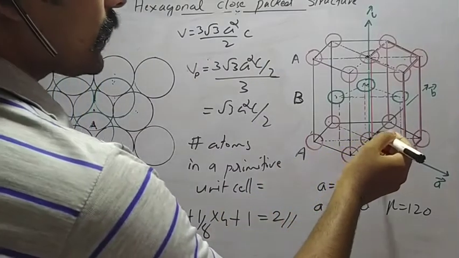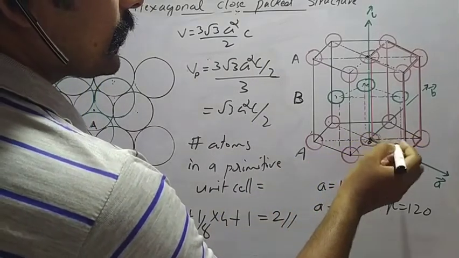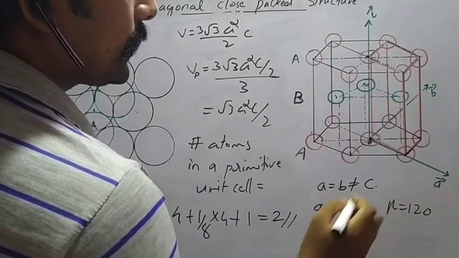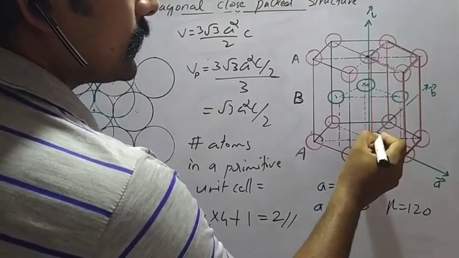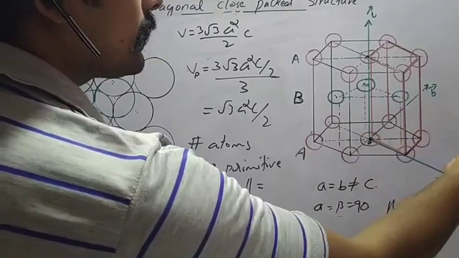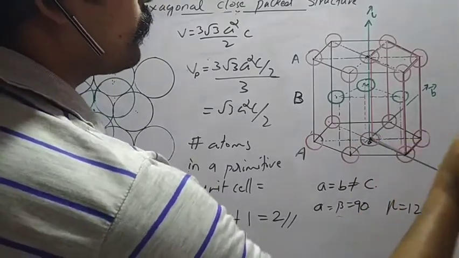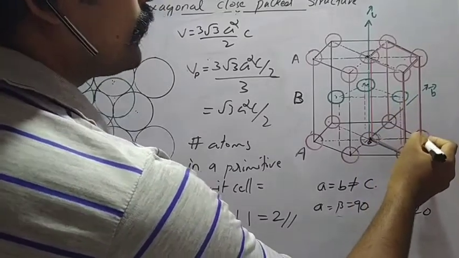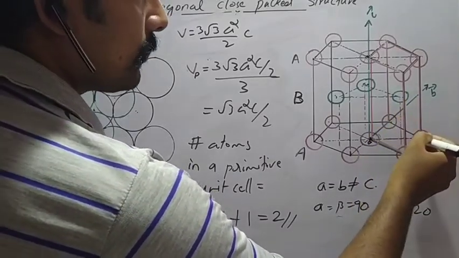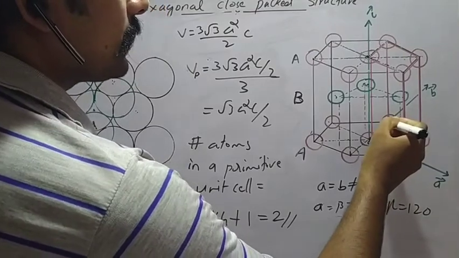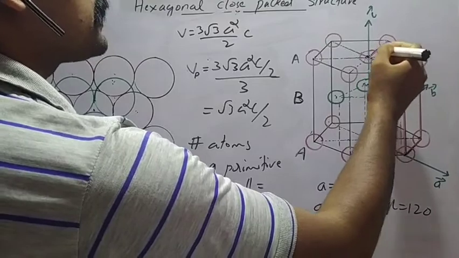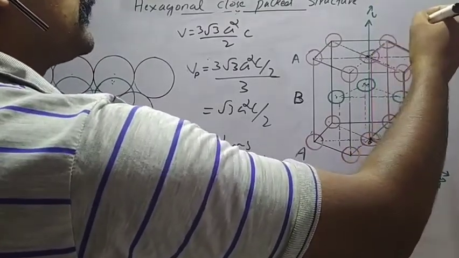That means when we are considering this one and this green atom, one lattice point is there, and this one and another green atom would be on the top layer. So there is also one lattice point here, and here also 1/8 portion of the lattice point, and here also 1/8 portion of the lattice point, and like that. When we are considering this figure, another green atom is there on the top layer.